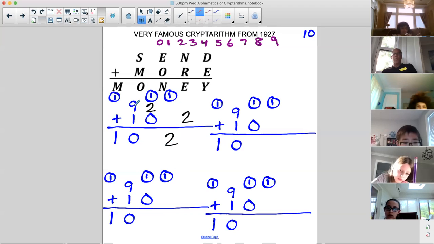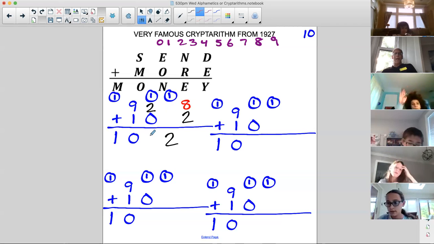Can't be 9, so S is already 9. The only way to make a carry is if D is 8. D has to be 8. Very good. Now, therefore, N has to be 3.